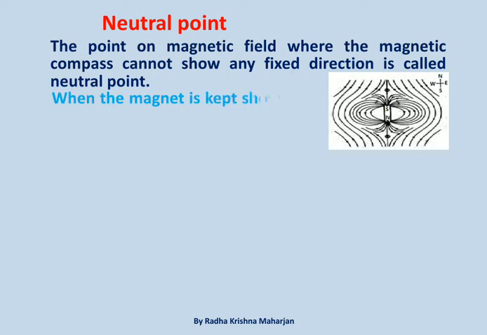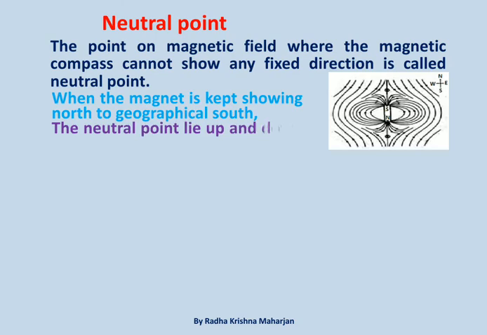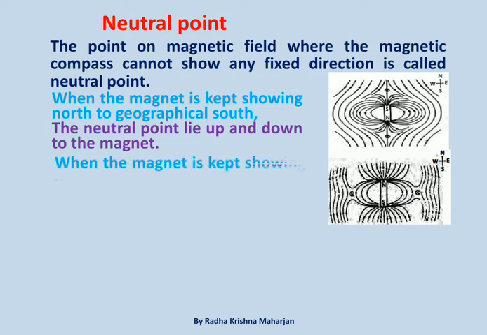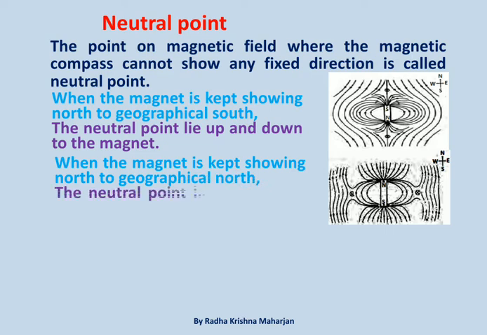When the magnet is kept with north pointing to geographical south, the neutral points lie up and down to the magnet. When the magnet is kept with north pointing to geographical north, the neutral points lie side to side of the magnet.